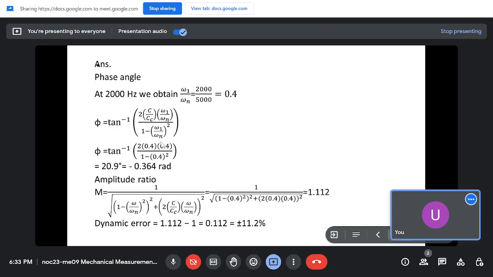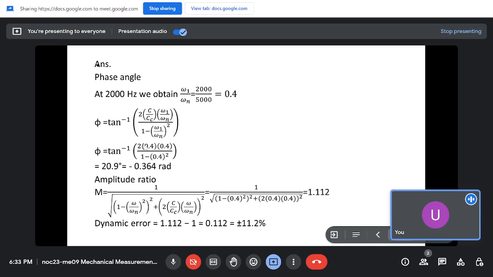So for 2000 hertz, we know omega by omega n is 0.4. We can use the phase angle chart also, but as it's not provided, we'll proceed with the formula, the phase angle expression, which is tan inverse of 2 into damping ratio times frequency ratio divided by 1 minus frequency ratio squared. The frequency ratio is 0.4 for 2000 hertz, and the damping ratio is 0.4.